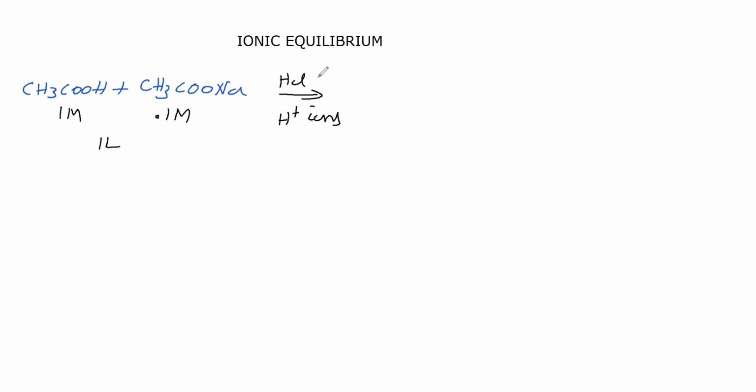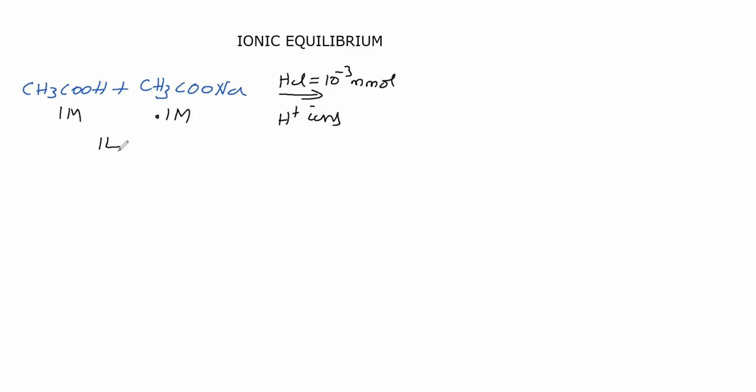Suppose we add 10 power minus 3 millimole of HCl. First we will find the pH of this buffer solution, then see how the pH changes on adding HCl, whether normally or to a very small extent.